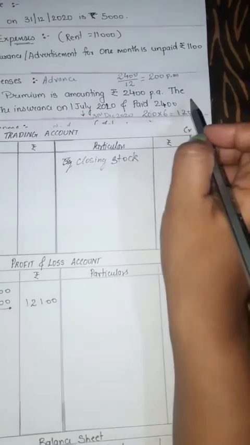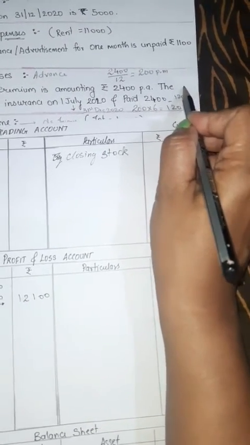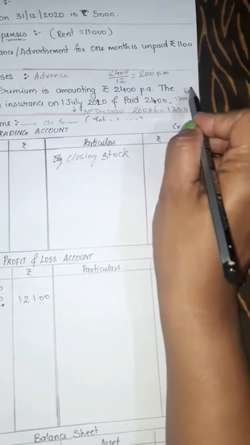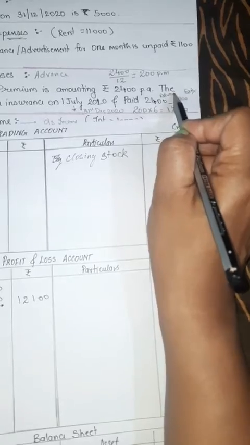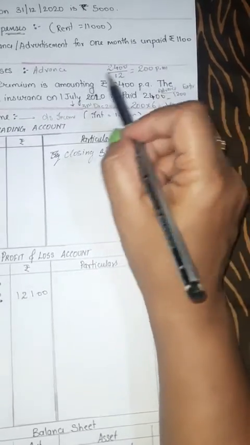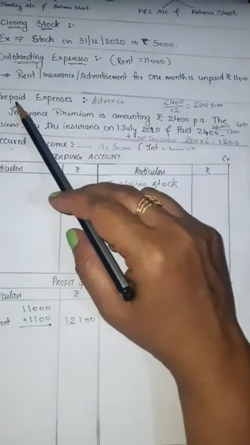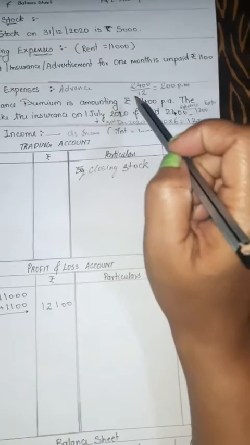That means 1,200 was given extra, that means in advance. So the extra 1,200 is an advance, or we can say prepaid. It's a prepaid expense. So that logic you have to understand.